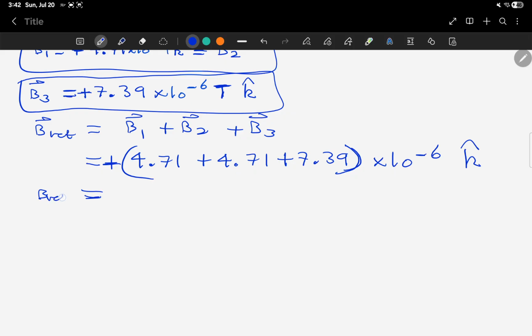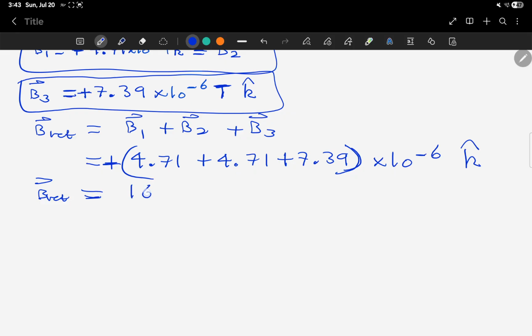So the net magnetic field is going to be, and it's easier to plug this into the calculator, 4.71 plus 4.71 plus 7.39. That's so much easier than having to add an exponent every single time. And that's going to give us, hold on a second, that's actually 4.71, 4.71, 7.39.